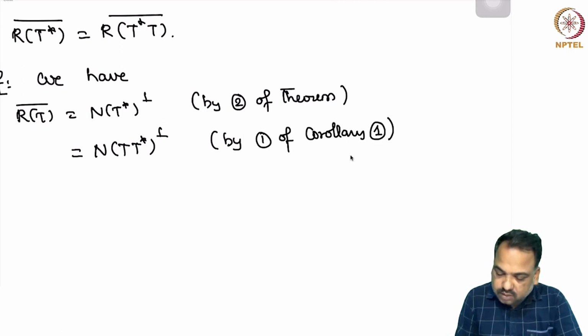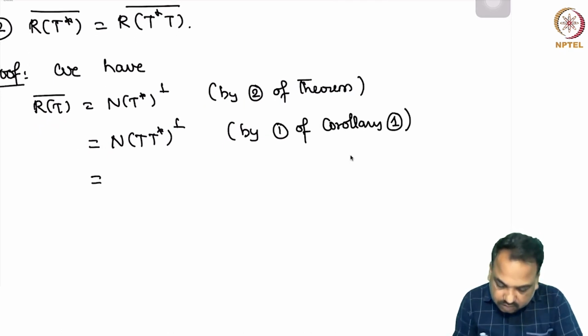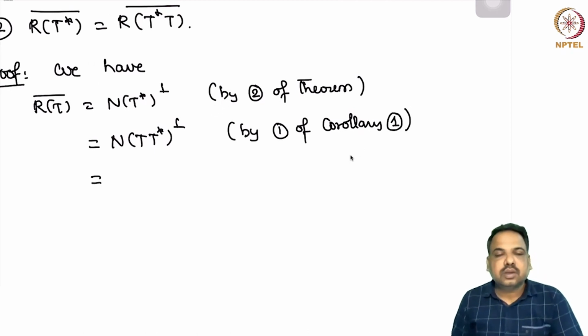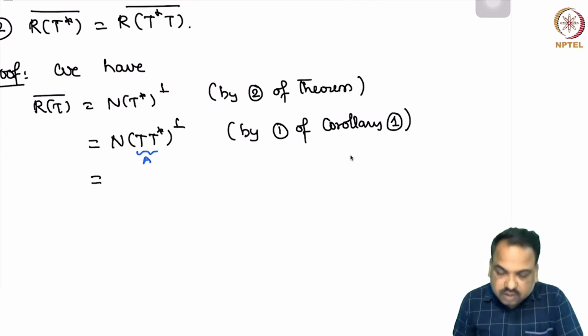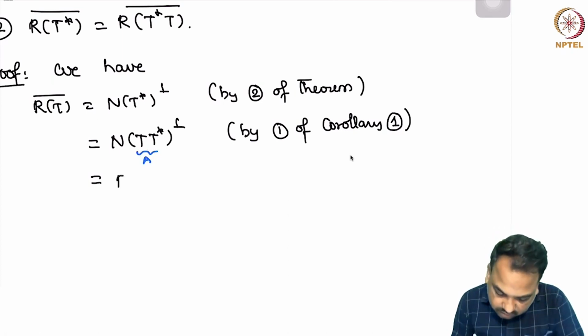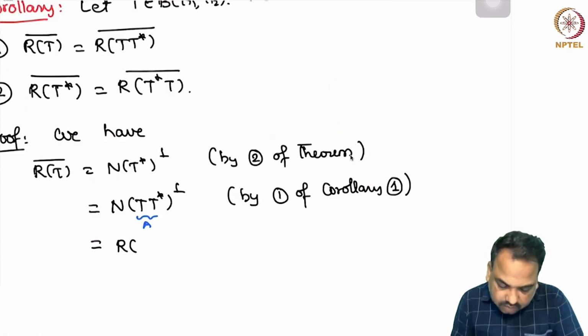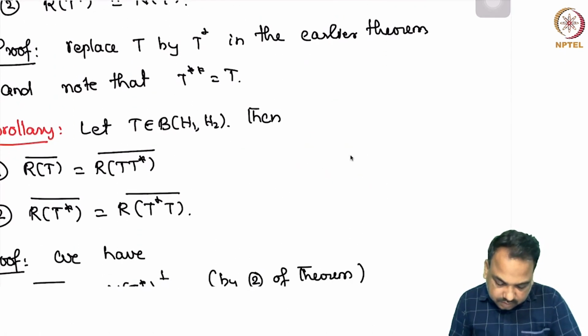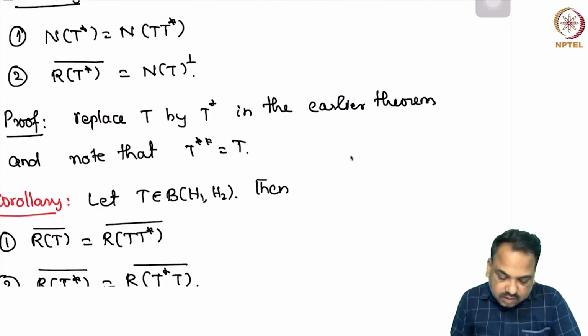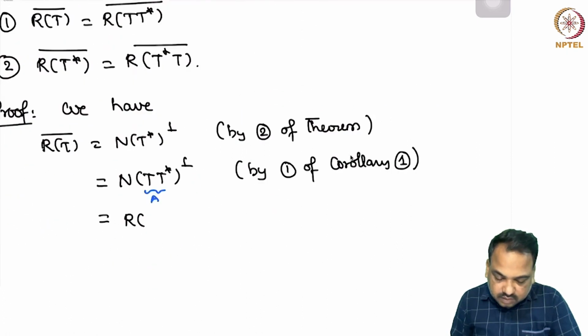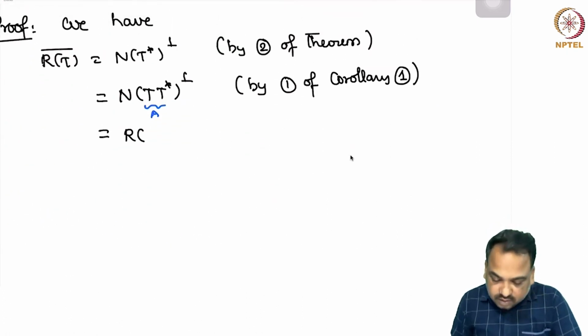Now we know that null space of an operator perp, let us say A, null space of A perp is range of, by 2 of corollary 1, null space of an operator perp is the closure of the range of the adjoint.